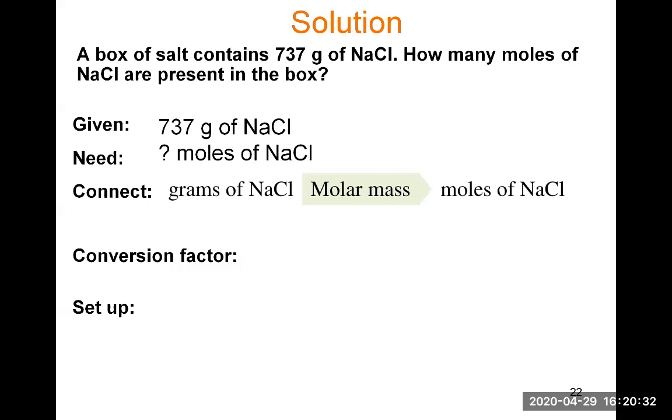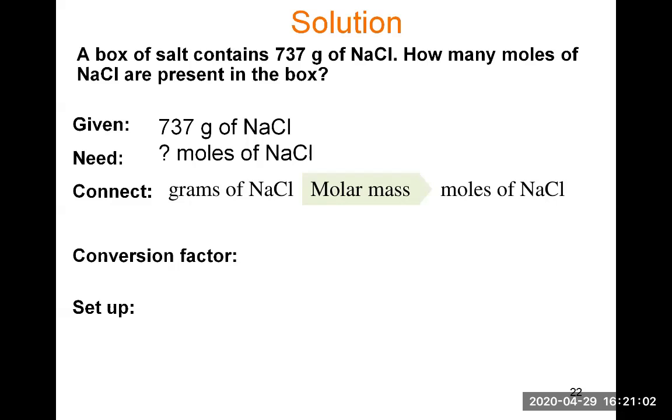Again, when you have grams versus moles, you should always think molar mass. Molar mass is what relates grams to moles. And here it's going to be the molar mass of NaCl. You need to adapt the molar mass to the substance in question. So take your periodic table, gather the molar mass of Na and the molar mass of Cl, and add them together.